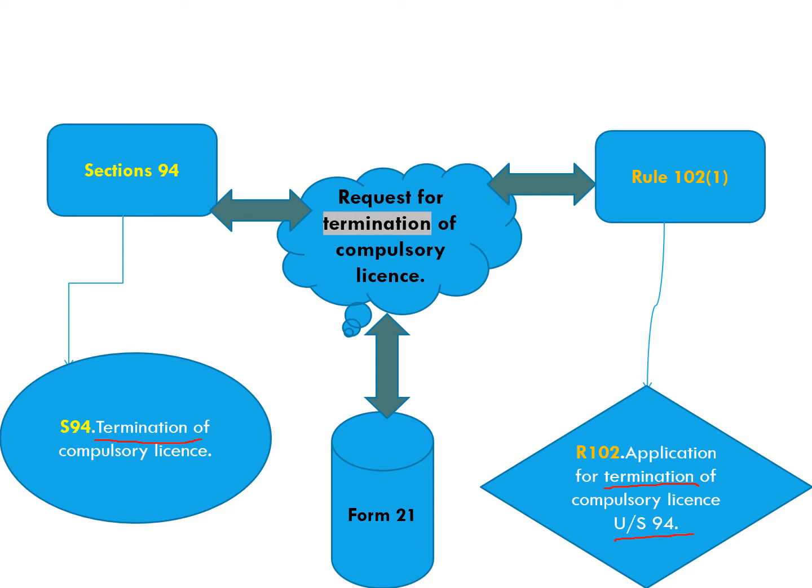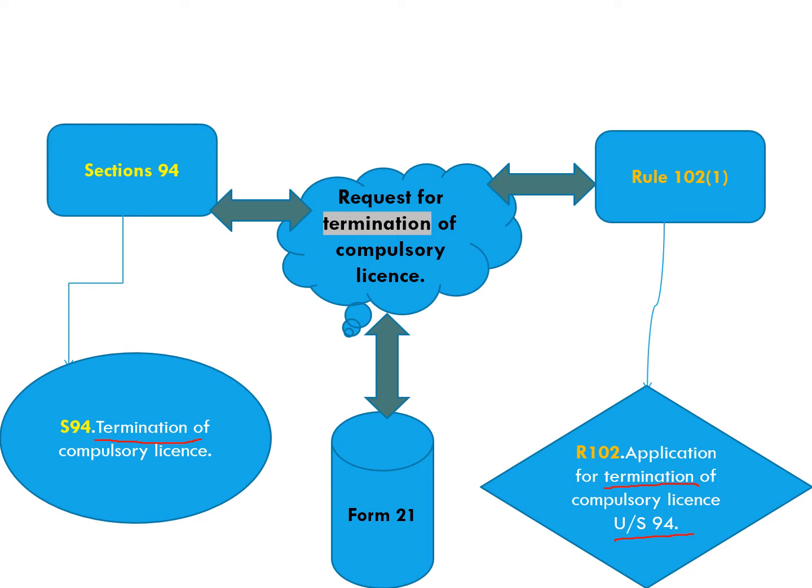Because we all know, friends, a section is where a statement is written, and to implement it we use the rules. That's why you can easily see the linkage between section 94 and rule 102. The title of form 21 is Request for Termination of Compulsory License, so we can easily verify that the keyword is termination.